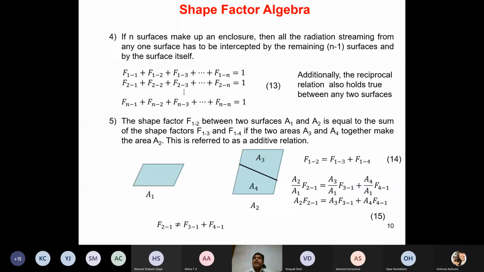Now, the fourth condition is there are n surfaces which make up the total enclosure. In such cases, each surface is going to radiate, and this radiation will be intercepted by all the surfaces, all n-1 surfaces, and including itself, isn't it? So if it is concave, it is going to intercept itself.